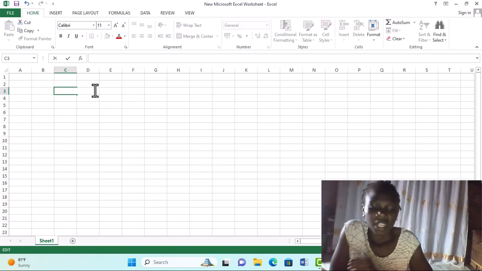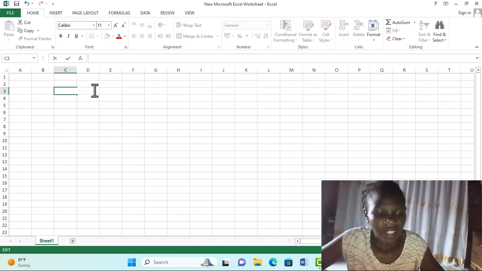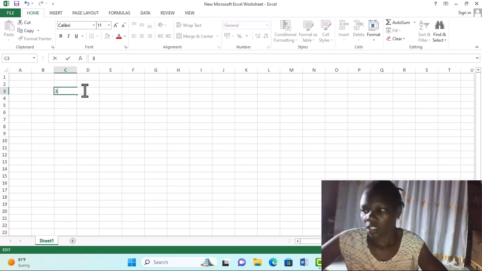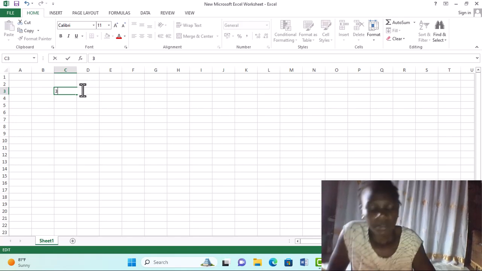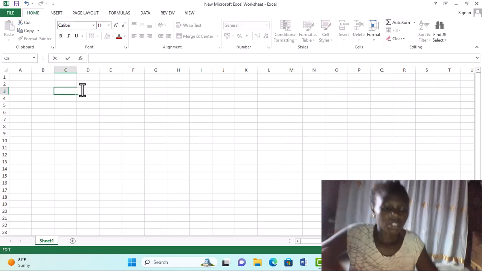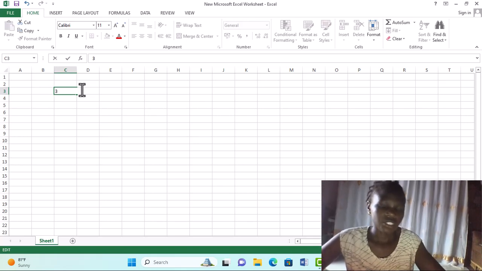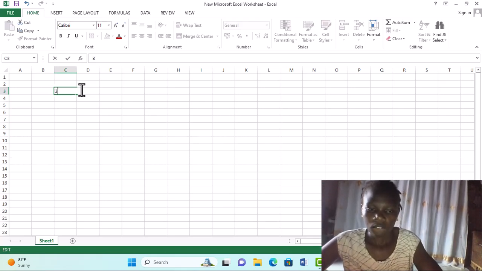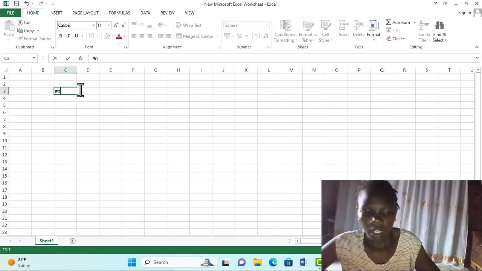So another error is hash, then capital N, then A, something like this.